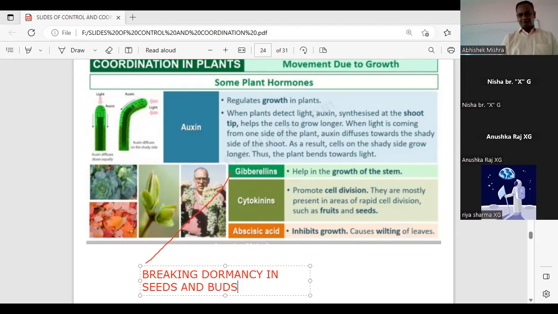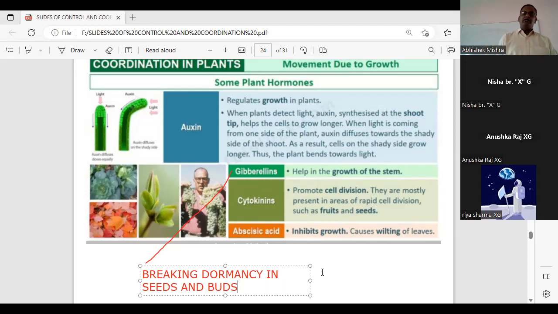What does this mean? Now, students, you must have seen that seeds germinate. You must have observed that the seeds are germinating and now the sprouts are coming. So, till it is in the resting stage, the seeds are said to be in the dormant stage.